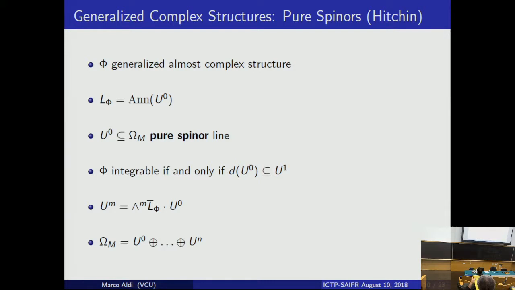And then the observation is that phi is integrable if and only if the action of the de Rham operator takes you from U_0 to U_1, where U_m is the grading of differential forms given by multiplying the pure spinor line with more and more sections of the negative square root of -1 eigenbundle.